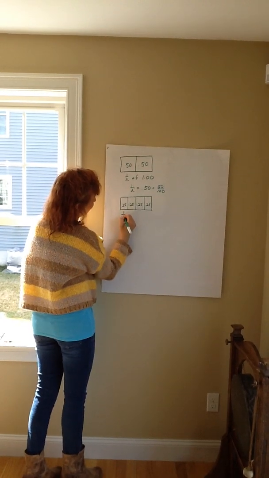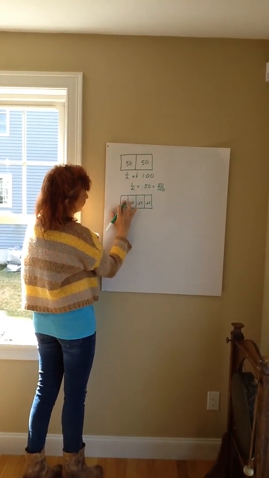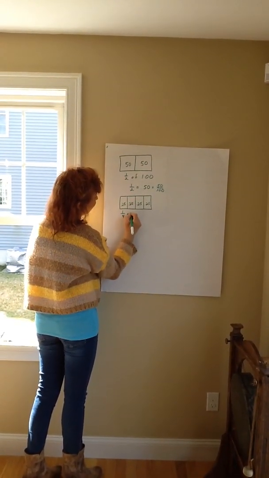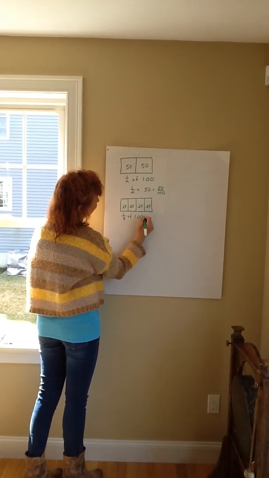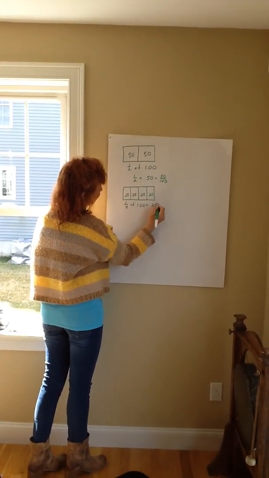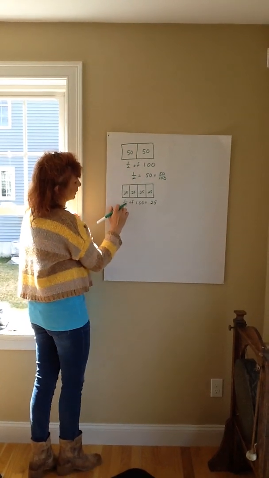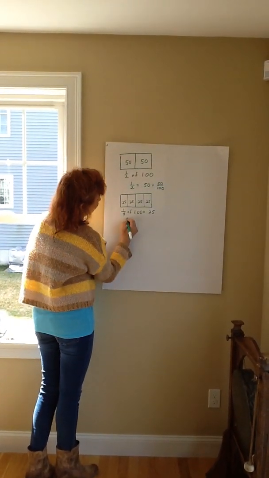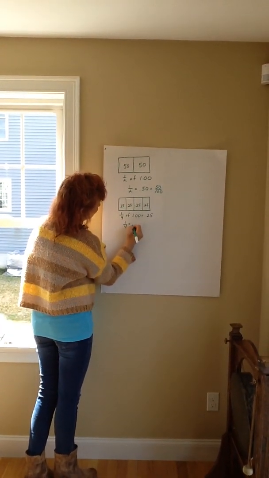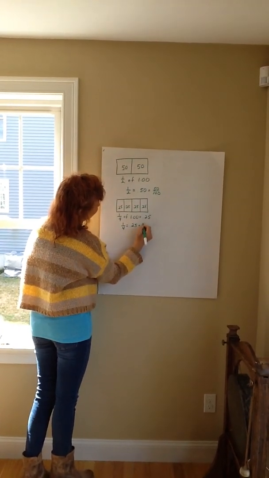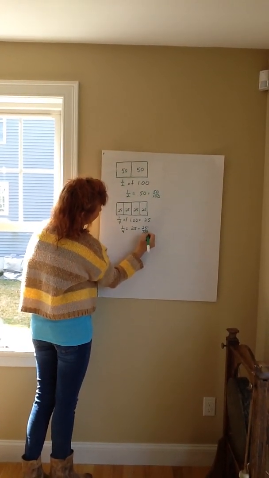So 1/4, one of these pieces, 1/4 of a dollar is 25 cents. So when you're adding fractions and you see 1/4, you can convert that to 25 cents or 25 hundredths.